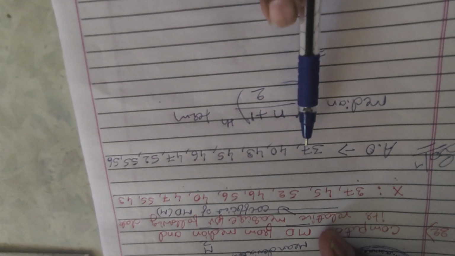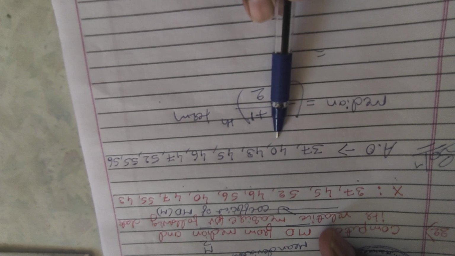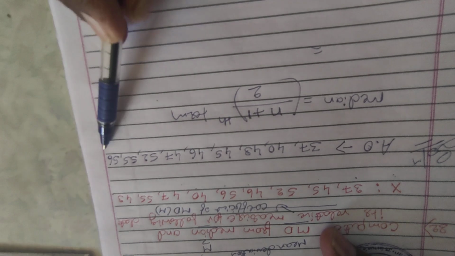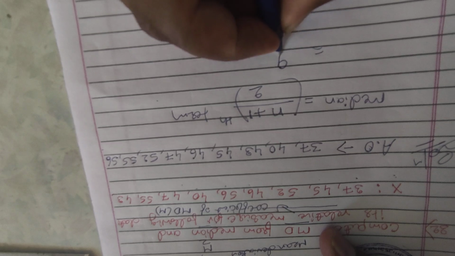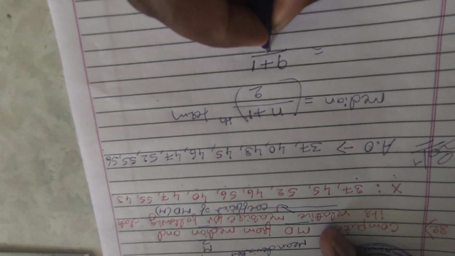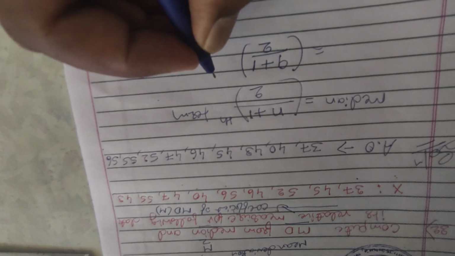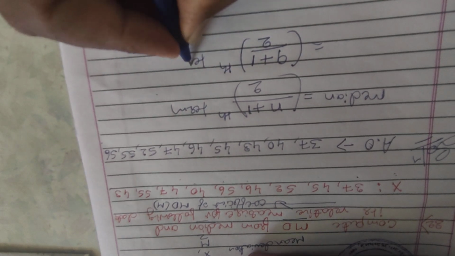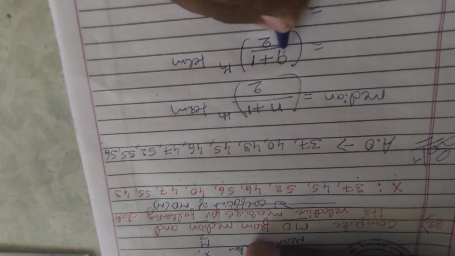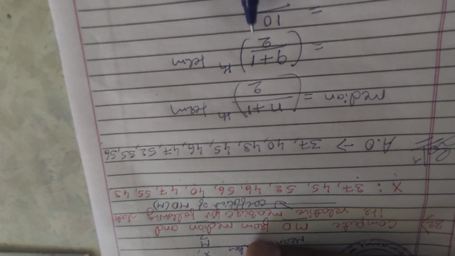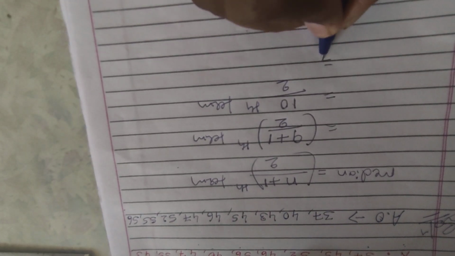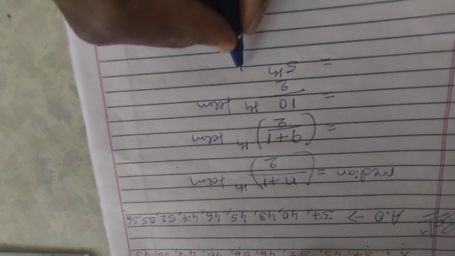How many are there? 1, 2, 3, 4, 5, 6, 7, 8, 9. There are 9 observations. 9 plus 1 divided by 2 is 10 by 2.